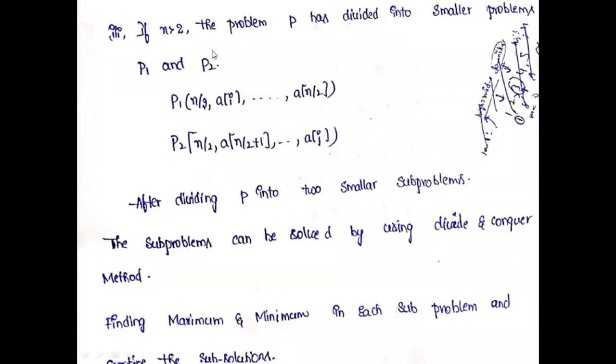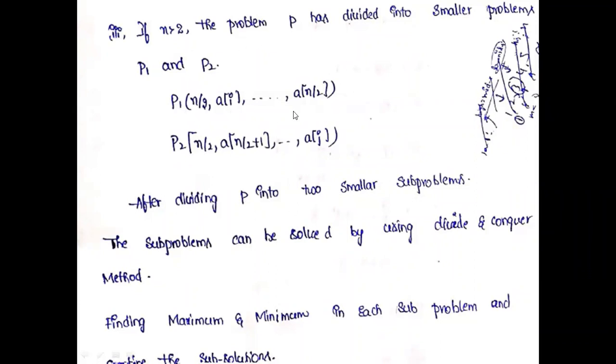So if the array has more than two elements, it is divided into two sub-arrays. Find the maximum and minimum value in the first sub-array and in the second sub-array. Compare the maximum value in P1 with the maximum value in P2 and find the maximum value for problem P.